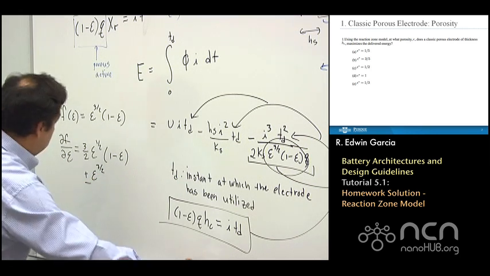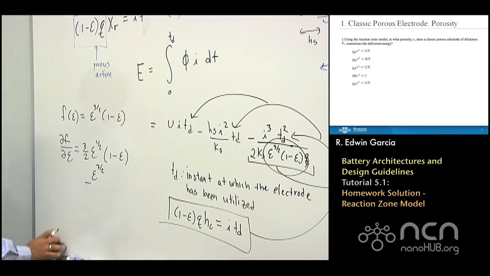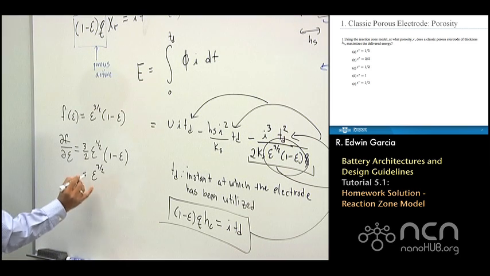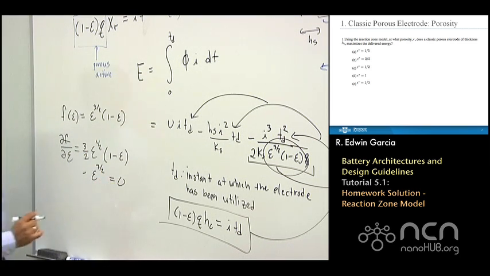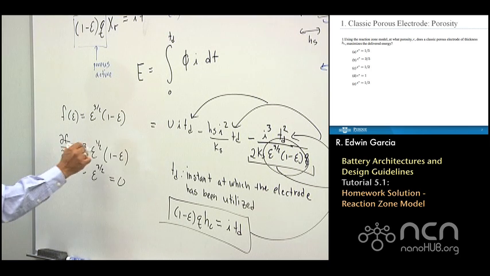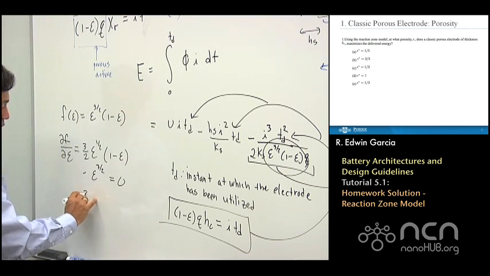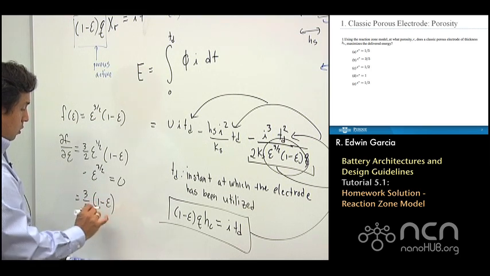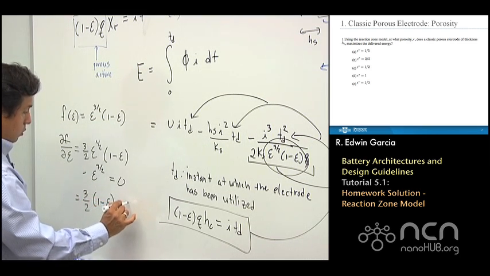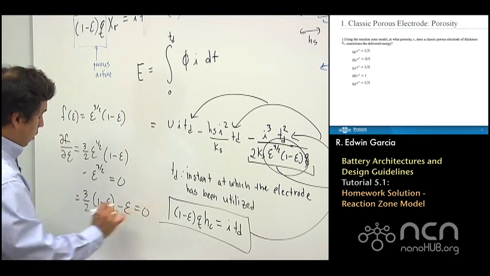Basically there's some minus over there, from taking the derivative of that product, that's equal to 0, and I can get rid of epsilon to the 1/2 and say 3/2 times 1 minus epsilon minus epsilon equals 0.